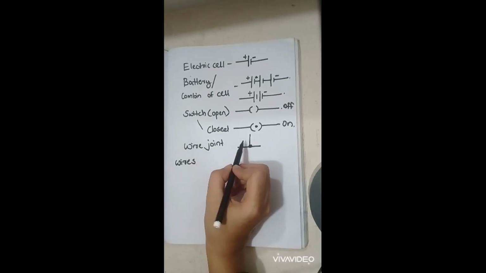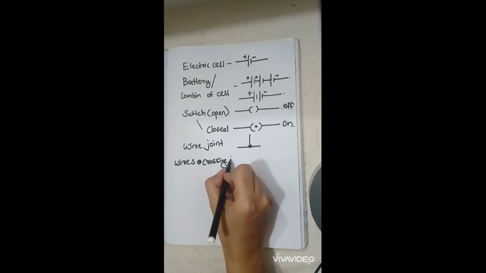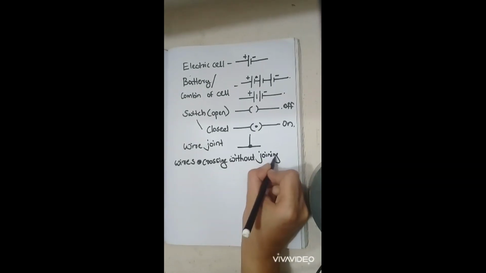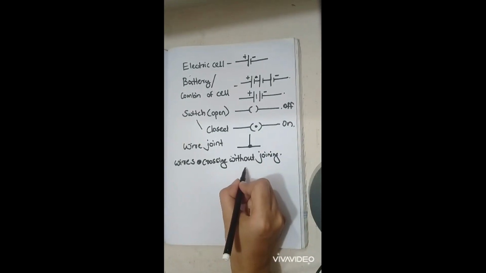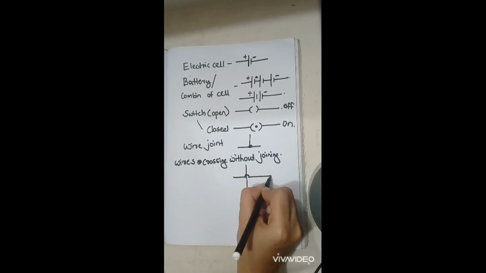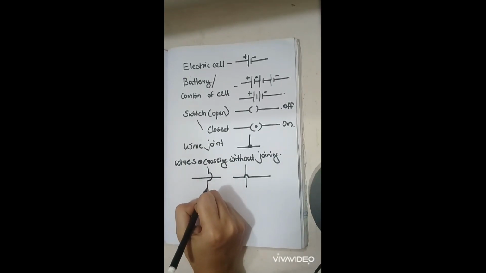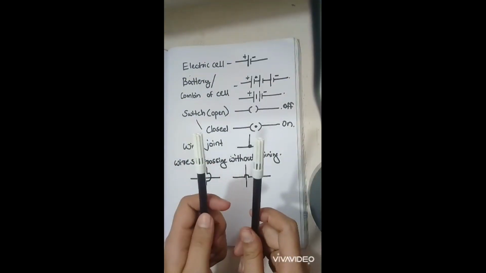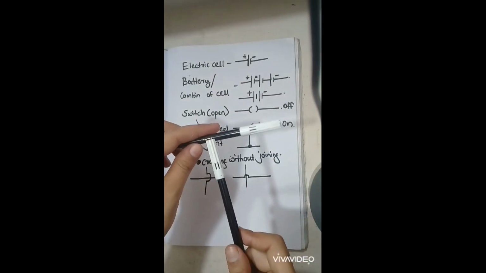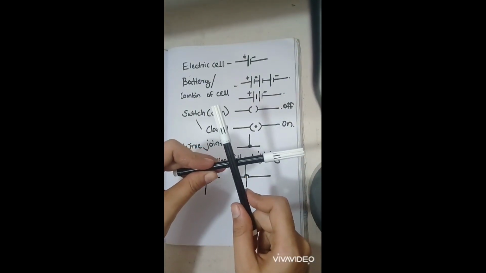Here the two wires are joined. Here is only the crossing of wires without joining. How is the symbol? It is like this, and also this. Suppose these are two wires and these two wires are joined. Then wire crossing without join means it is like this. Okay, clear?